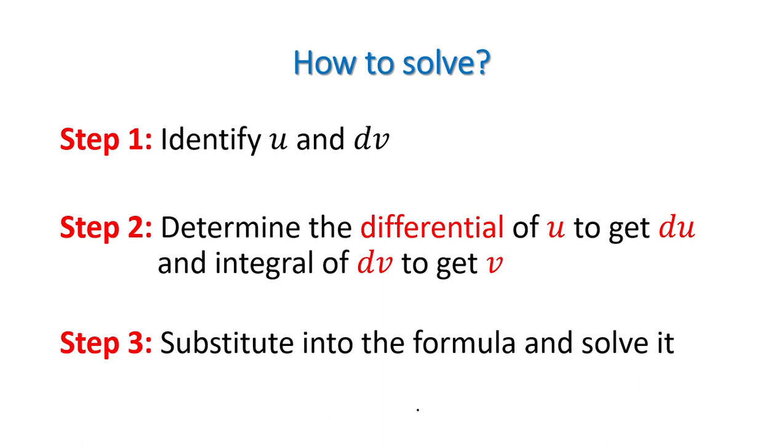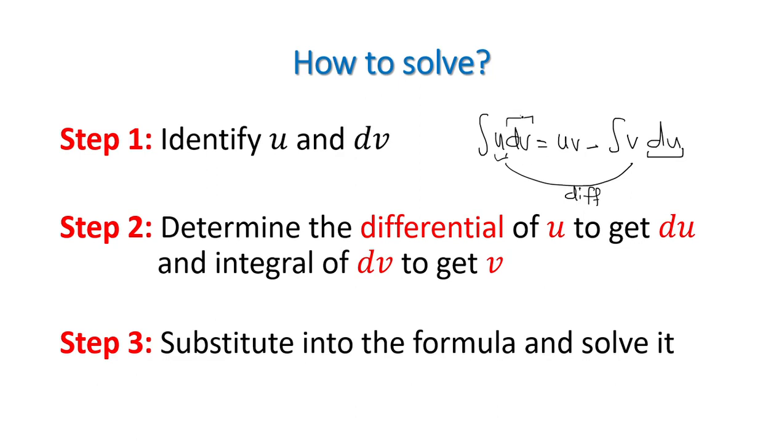So how to solve? There are 3 steps. Step number 1, identify u and dv. Remember the formula of integration by parts: integrate u dv equals u times v minus integrate v du. So you have to identify your u and your dv. From u, you can get du by differentiating.